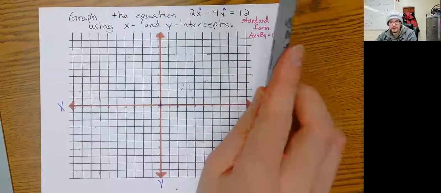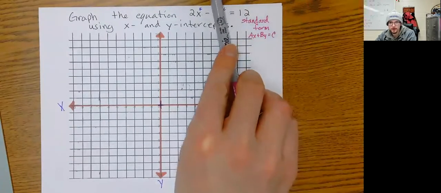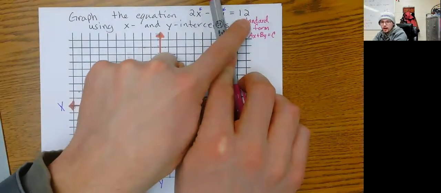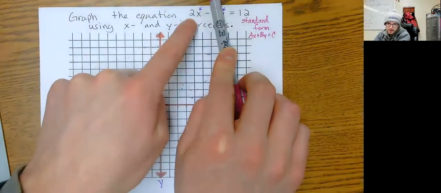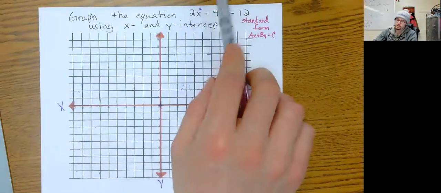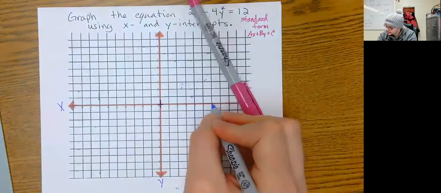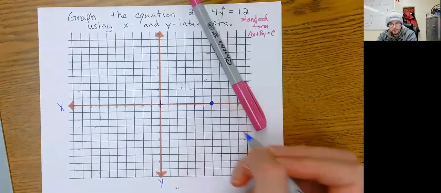So if I want to find the x-intercept, I just cover up the y's. And what is 12 divided by 2? 6. So my x-intercept is 6.